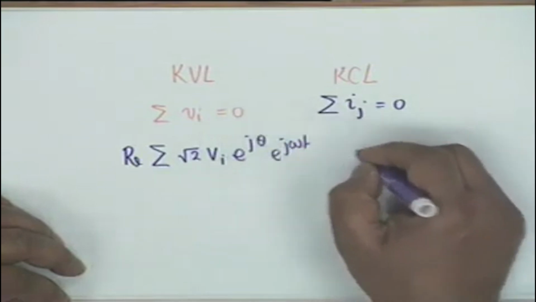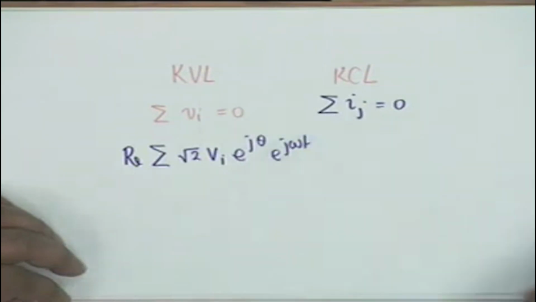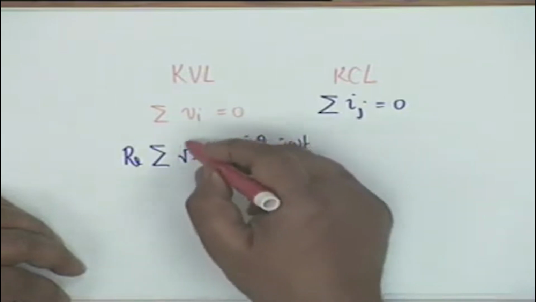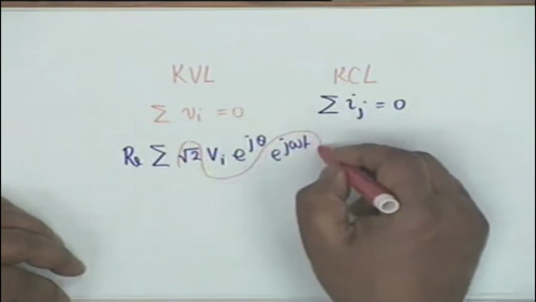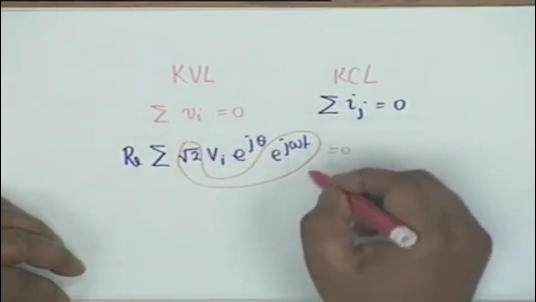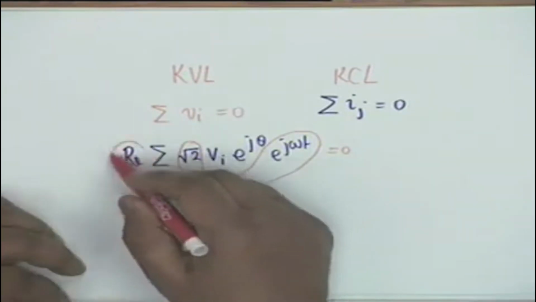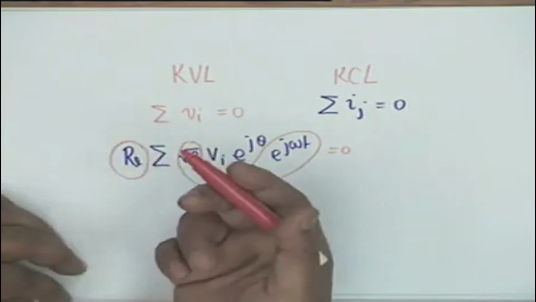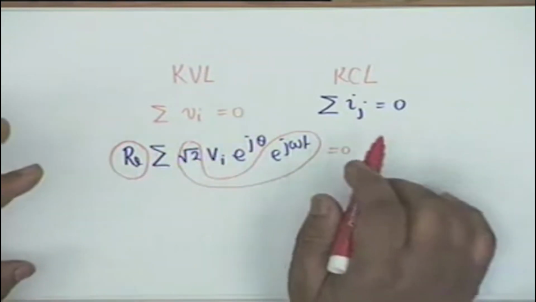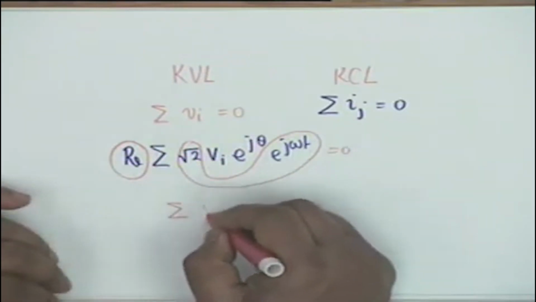Now this quantity root 2 e to the j omega t would be common to each of these voltages, and the real part would also be common, and therefore I can get rid of this and simply write summation Vi phasor equal to 0.